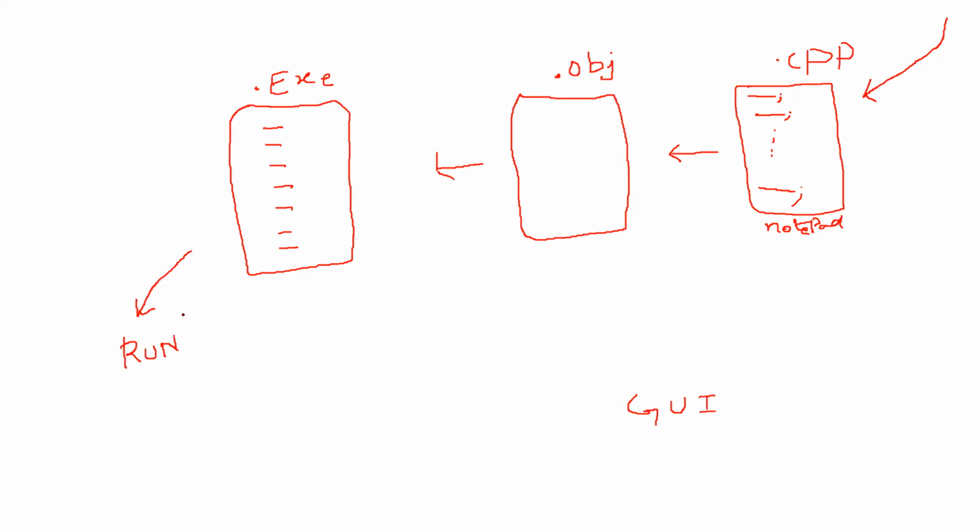What is the difference between the interpreter and the compiler? In the interpreter, the first line is taken by the interpreter from the source code. Then it is translated into machine code, and that line is executed.